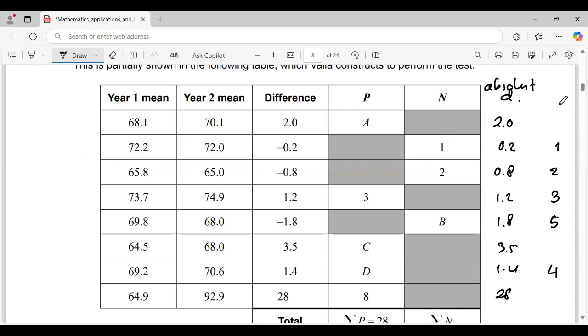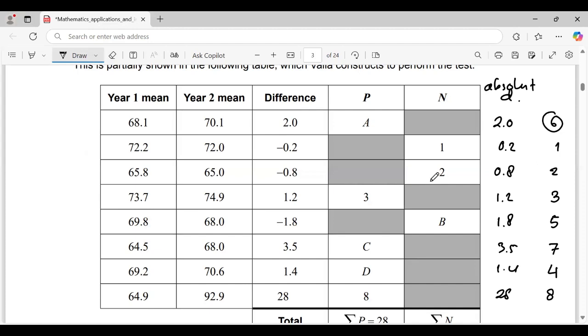And the sixth is 2.0. The seventh, 3.5. And the highest is this one, 8.28.